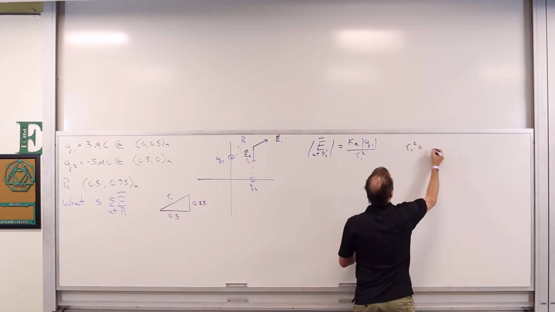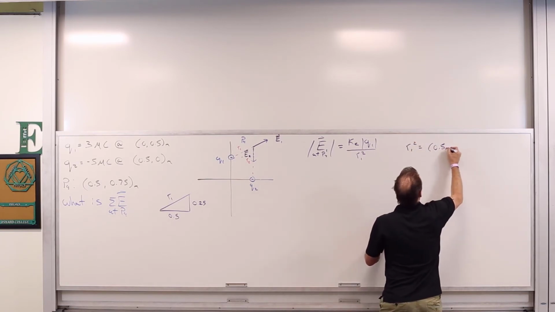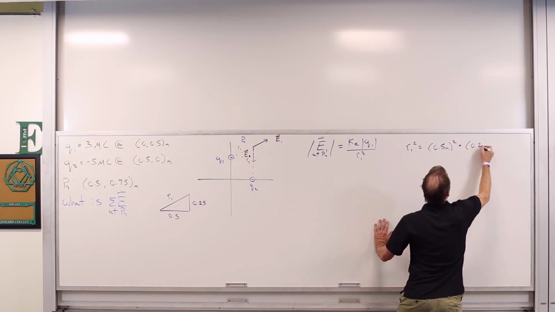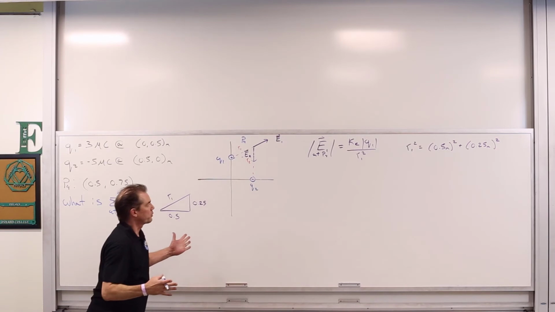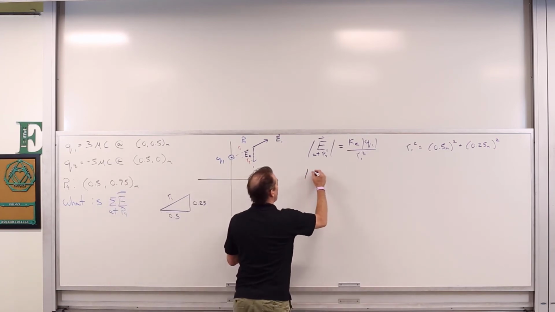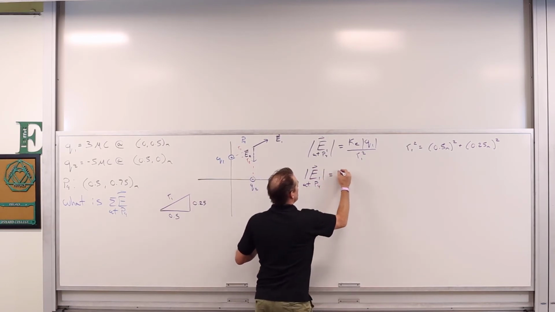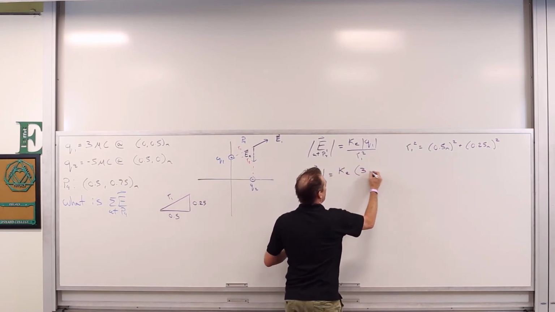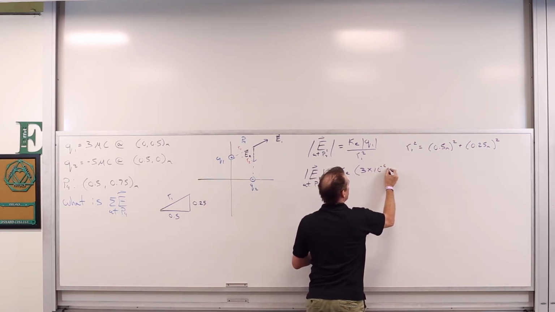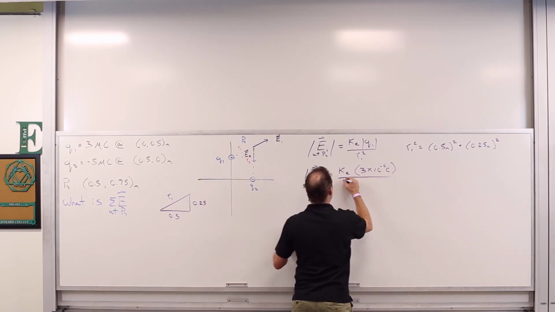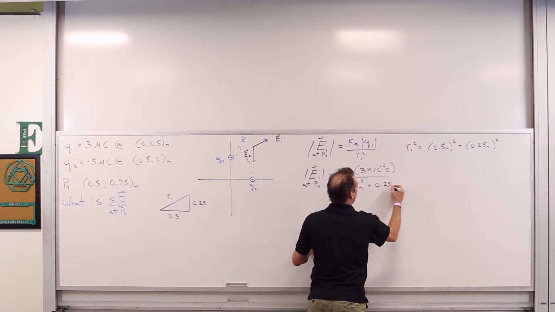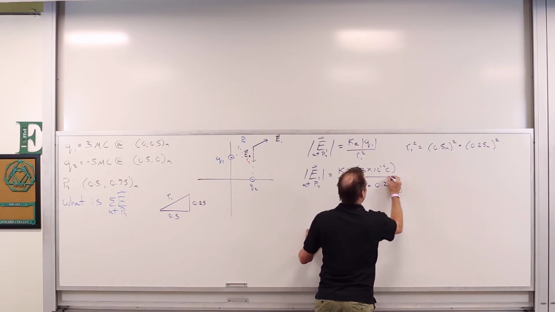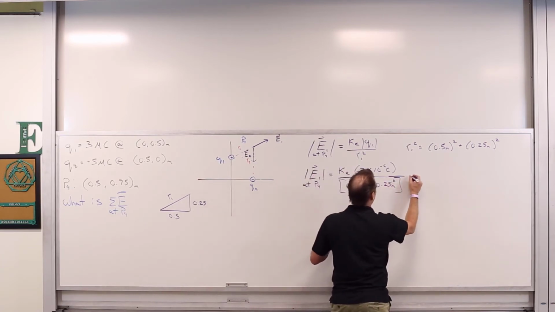So R1 squared is equal to 0.5 meters quantity squared plus 0.25 meters quantity squared. That's great. So at that, we can get the magnitude of E hat 1 at P4: K sub E multiplied by 3 times 10 to the negative 6 coulombs divided by that quantity there, which is 0.5 meters squared plus 0.25 meters squared. We'll just leave it like that because that is R squared and that's what we want.